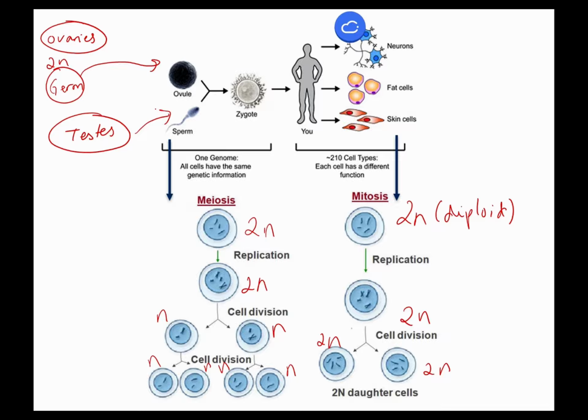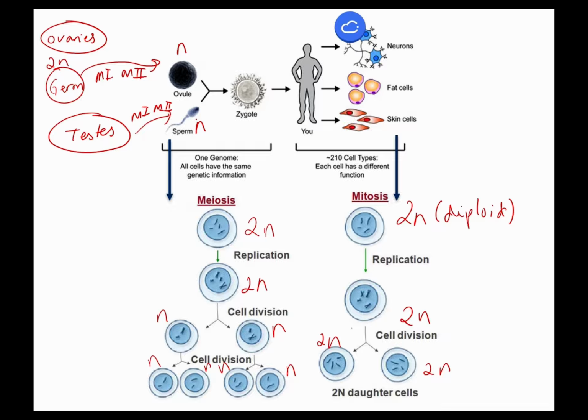They're going to undergo a process, which you don't have to know exactly how it's working, but in testes it's called spermatogenesis, in ovaries it's called oogenesis, but ultimately what's happening is meiosis 1 and meiosis 2 in both, to produce the haploid gametes.